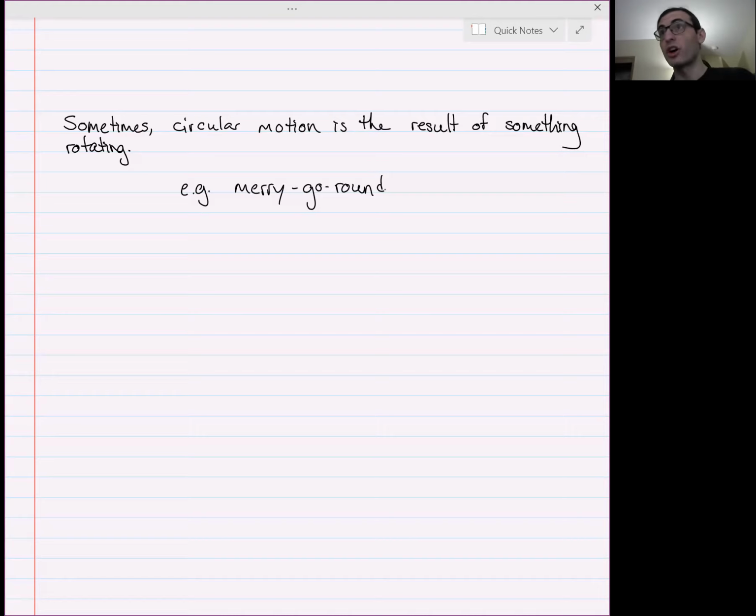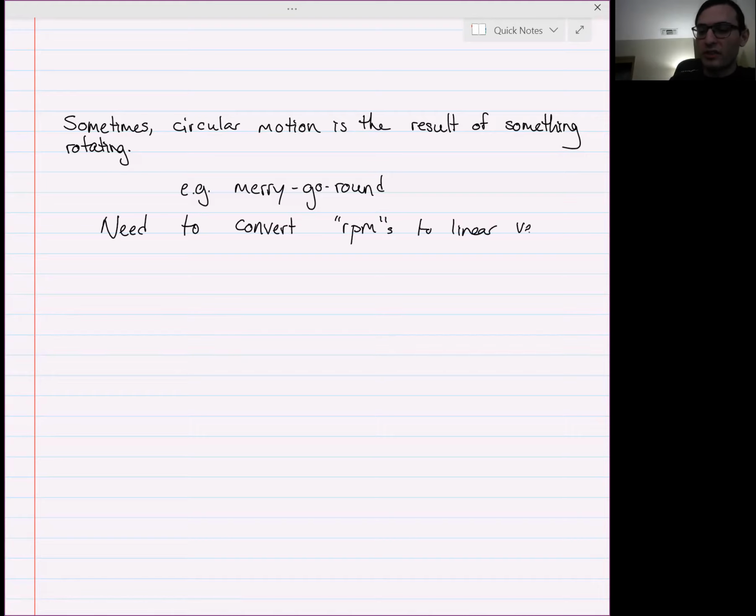So we can also talk about circular motion in this context. It's totally fine. However, if we want to use the formula for centripetal acceleration like we did before, we need to figure out a way to convert something like RPMs, rotations per minute, to linear velocity.